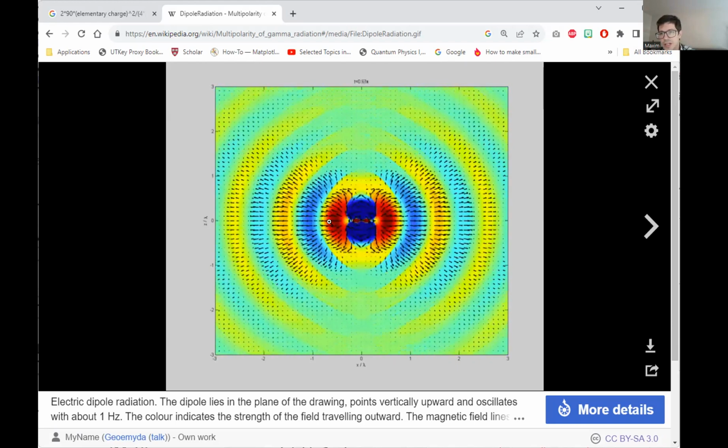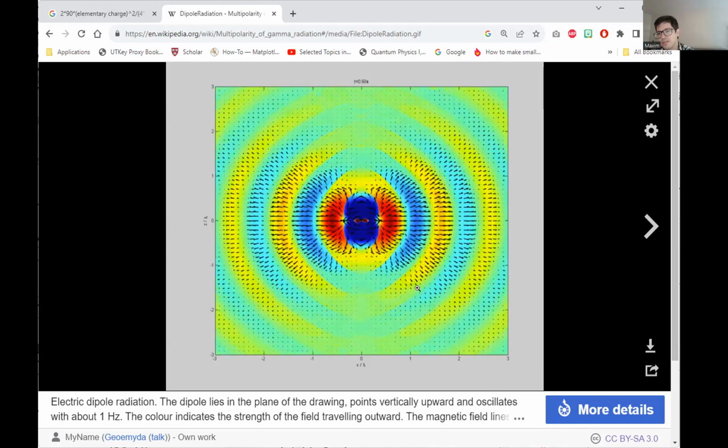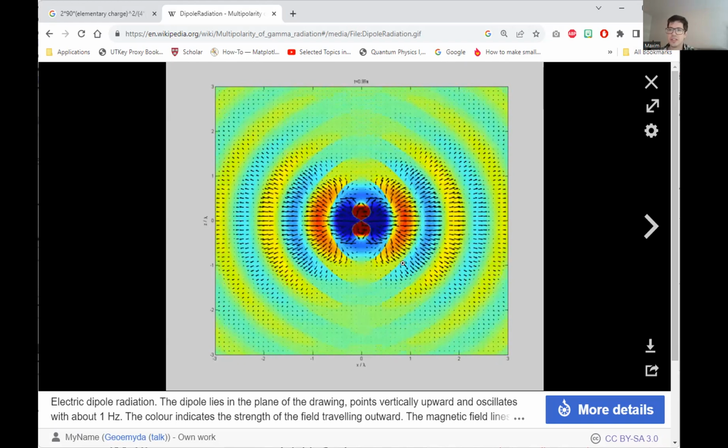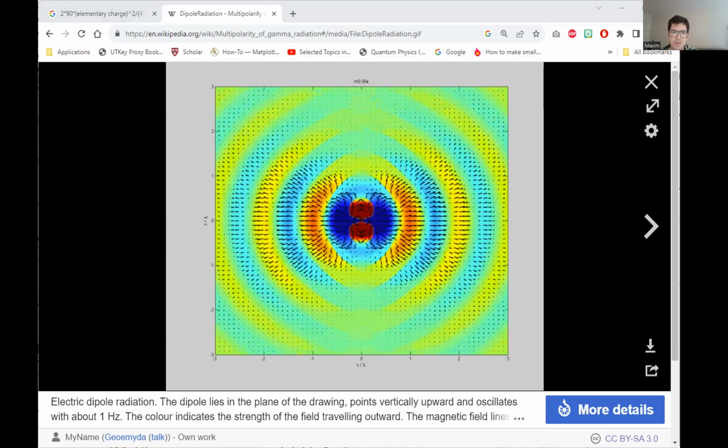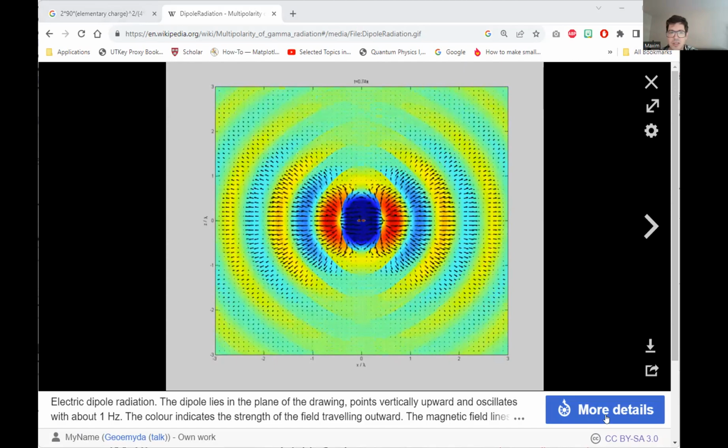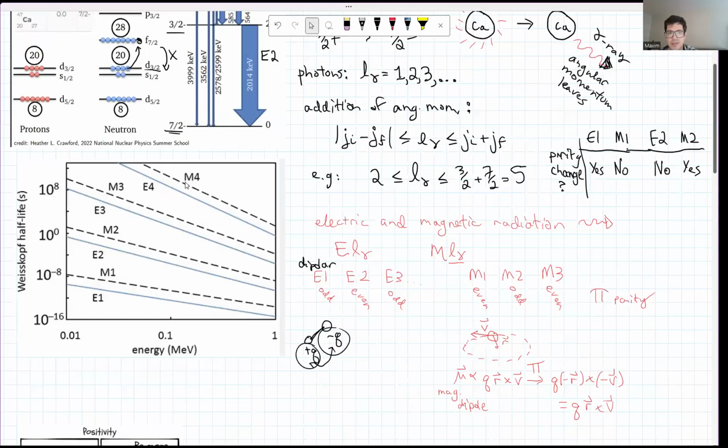And on the other hand, you can have magnetic dipole radiation, which would be the magnetic field pointing out radially like this. So that's the only distinction. But it's good to know that when you see this kind of notation, M doesn't mean purely magnetic. That doesn't exist, because any radiation will be a combination of perpendicular electric and magnetic fields.